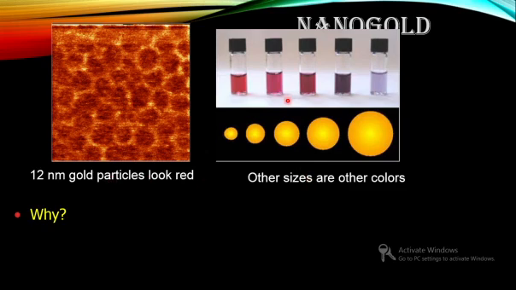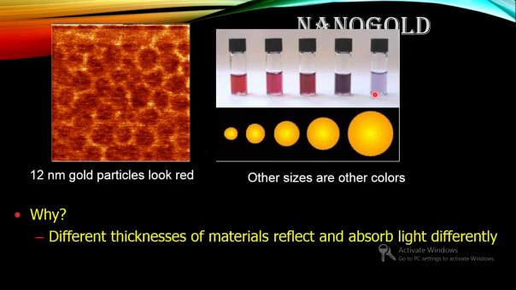Here you can also see the picture which was shown earlier, of gold nanoparticles dispersed in solutions having different sizes. Each size of nano gold contributes to a different optical absorption or optical reflection. So different sizes of the material reflect and absorb light differently.